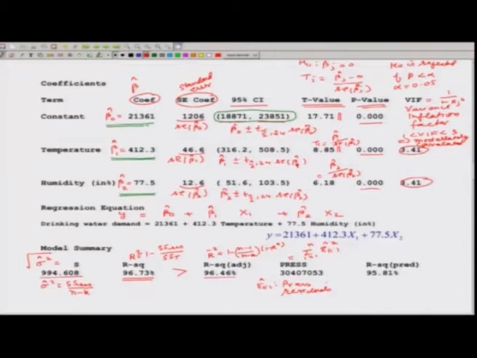Based on this PRESS statistic, we had defined the R square prediction, which is obtained by 1 minus PRESS divided by total sum of squares SST. This R square prediction helps us in deciding whether the fitted model can be used for prediction or not, and if used, how it is going to perform. This value is here 95.81%, so it simply indicates that this model is nearly 95% good for prediction.